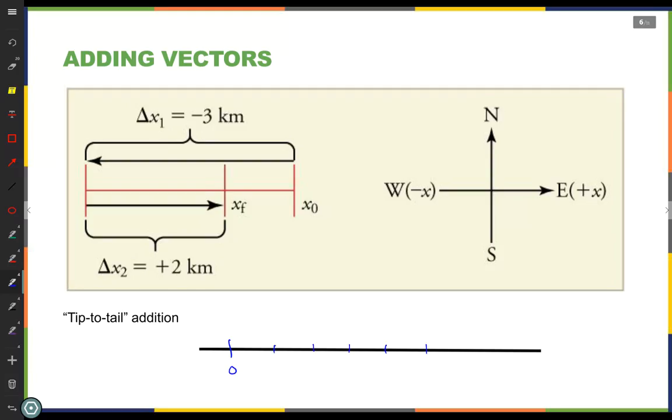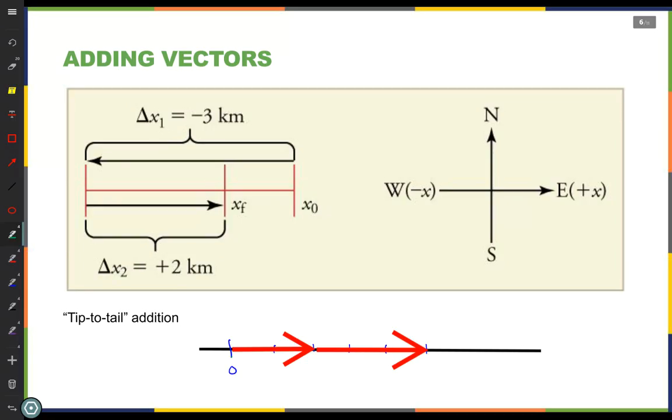I know 2 plus 3 is 5 just off the top of my head, so I stopped at 5. So then I draw an arrow that goes from 0 to 2, and then at the end of that arrow, I put another arrow that goes from there 1, 2, 3 more. And then my teacher, because she had no faith in me, told me that I had to sit here and count how far it was from here to here. And that's how I got 5.